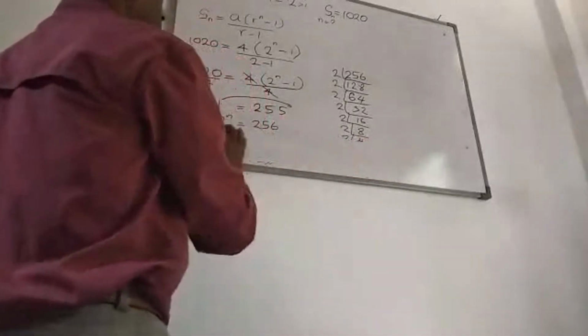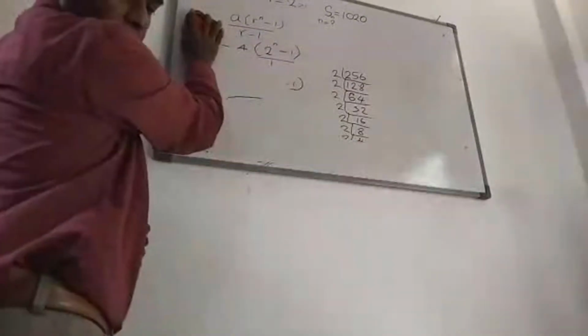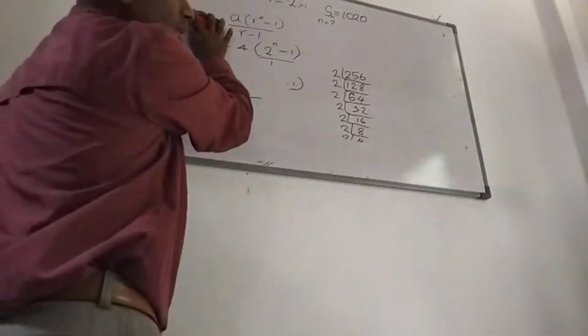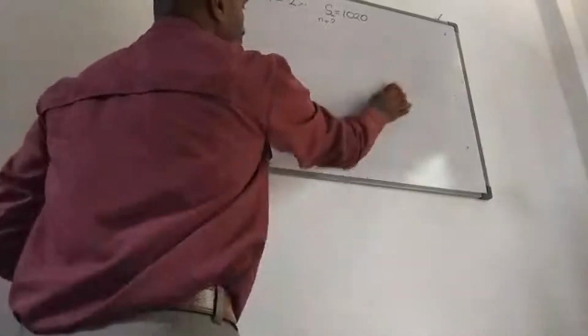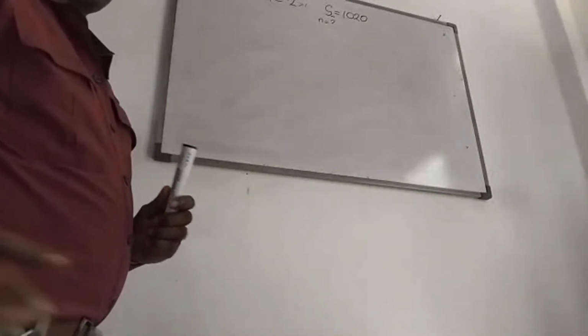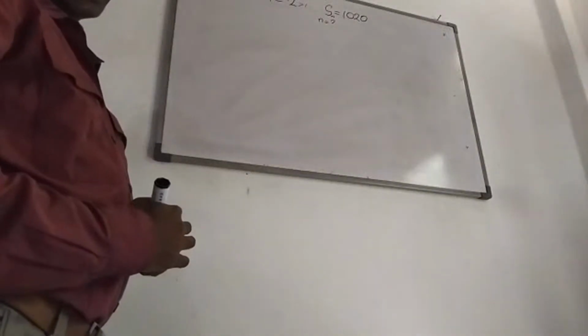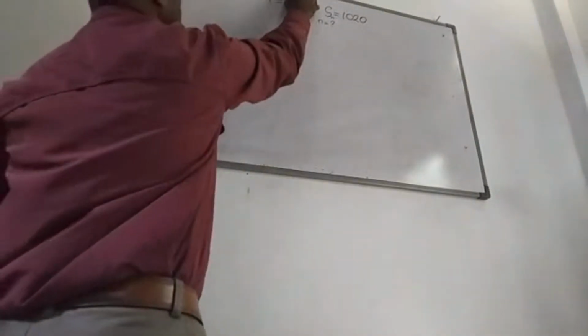Find the number of initial terms that need to be added from the geometric progression.